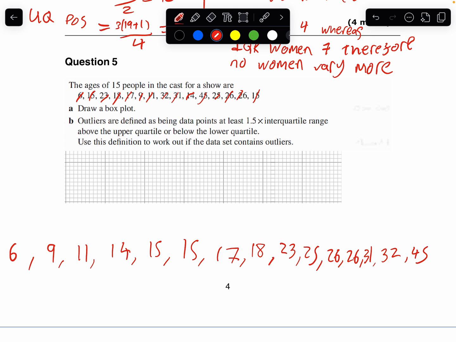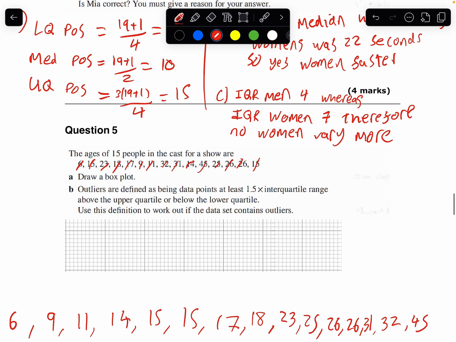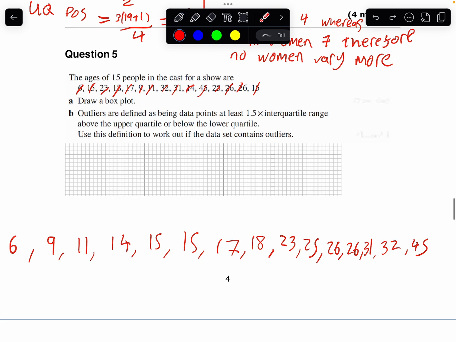Okay, so since there's 15, same idea as what we just did previously. Because it's a list of numbers, I need to add 1. 15 plus 1, so lower quartile position is going to be 15 plus 1 divided by 4, that is 4. So the fourth number in my list is going to be my lower quartile. So my lower quartile is 14.